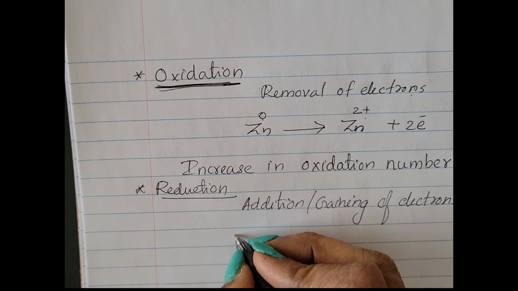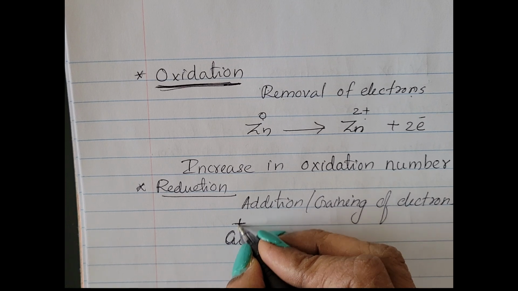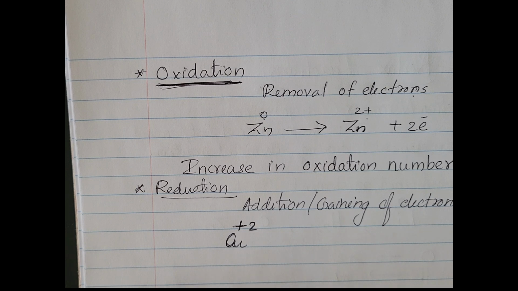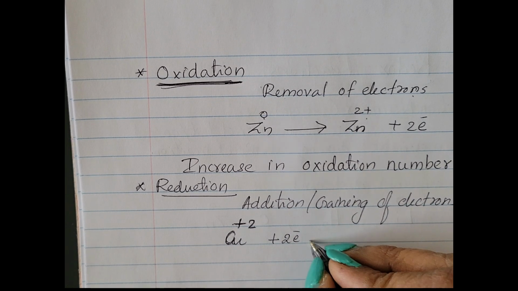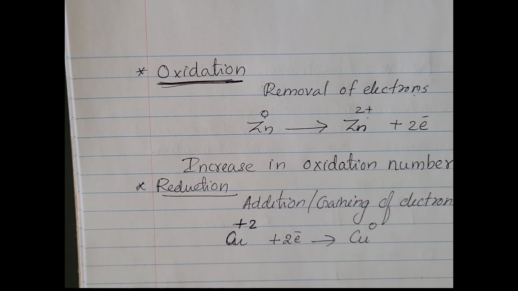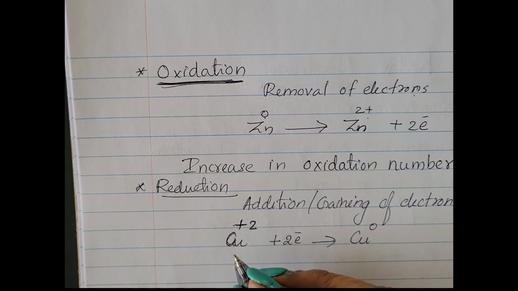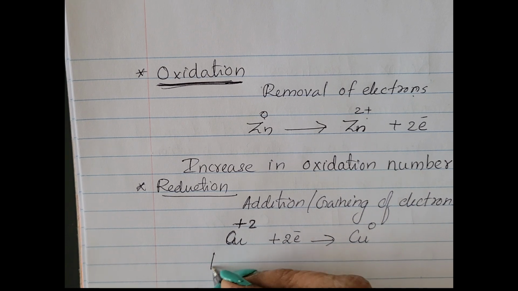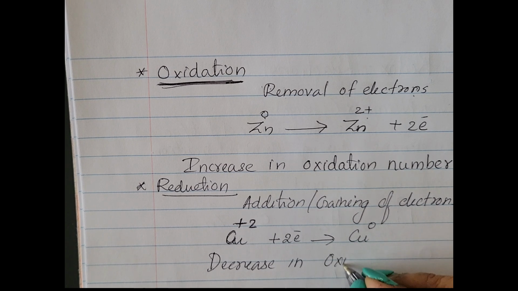Say for example, I have an ion which is a part of a compound, maybe from a single or double replacement compound, which was Cu2+ initially. It gained 2 electrons and is now converted into what? Cu0. This is called reduction, because what happened to the oxidation number? Decrease. Decrease in oxidation number.